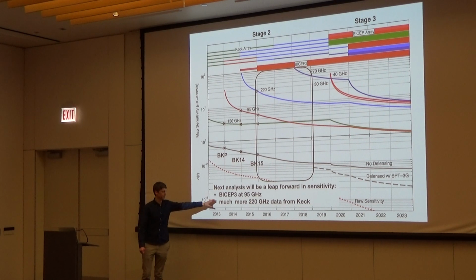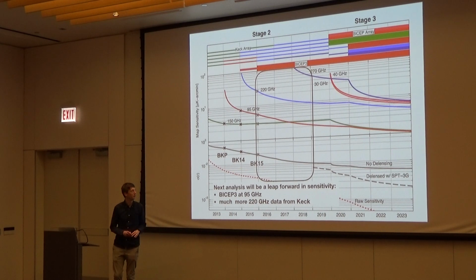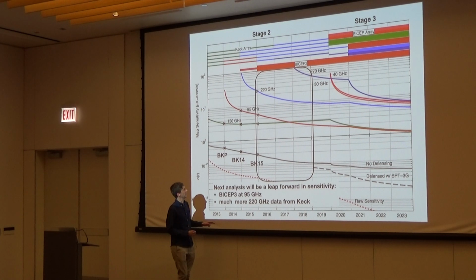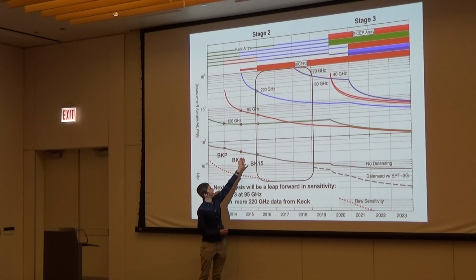We'll also have much more 220 gigahertz data from Keck. There's the 270 gigahertz data from Keck, which will take a bit more work to make sure that we have what we think we have there. But this step from BICEP Keck 14 to BK15 was, like I said, an incremental step forward.